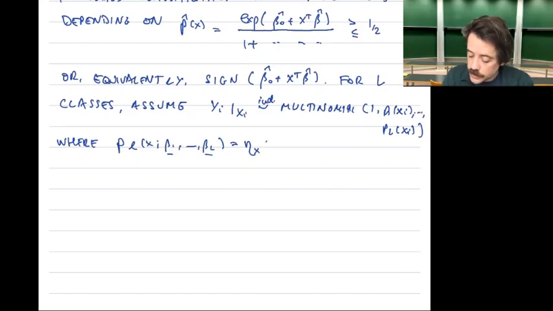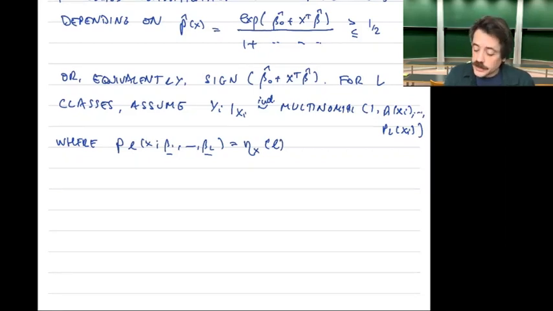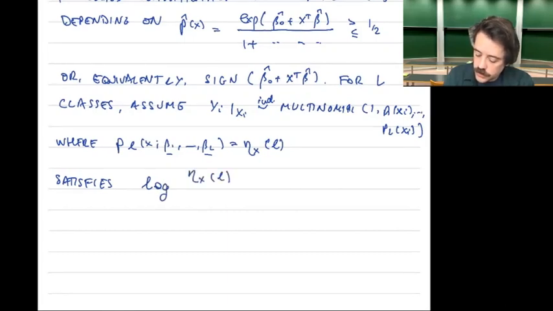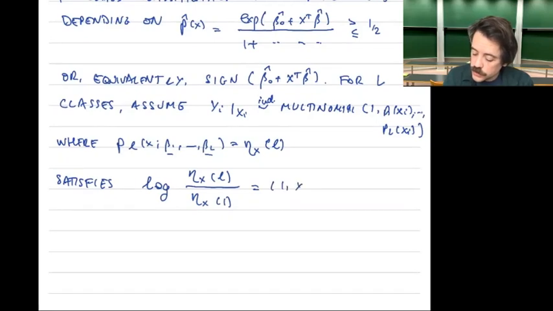And then what we assume is something very similar to the above, so it satisfies that the log of the ratio of these, the first element, is going to be equal to this here.